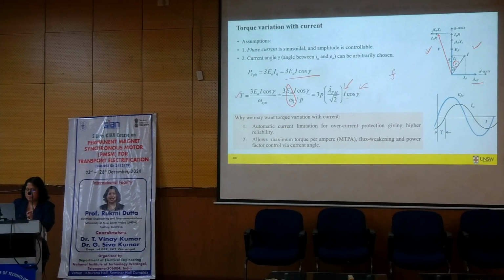For P by F control, we cannot do it because it is steady state and it cannot handle the transient condition. For simple current control like this, we will need complex PR controllers, plus it may still not guarantee good dynamics. So that's why we can't use it for traction drive applications.